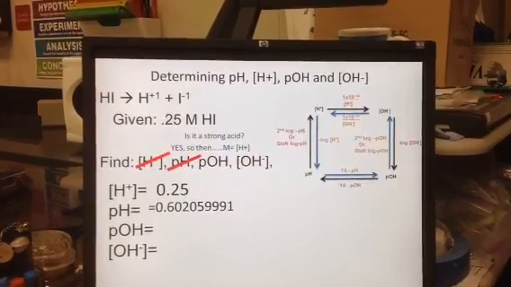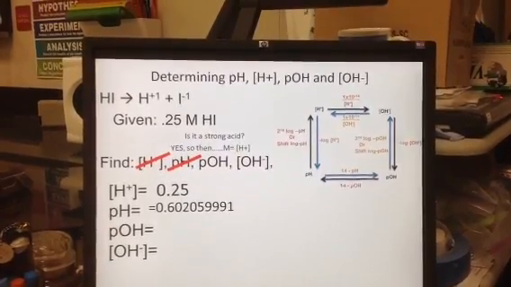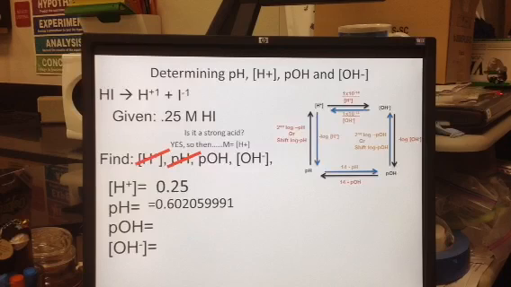So the next thing I have to do is figure out the pOH. To figure out the pOH, I am going to have to follow the arrow from pH over to pOH. To do that, it's 14 minus my pH. So the formula is 14 minus the pH. Now you don't want to clear out your calculator.